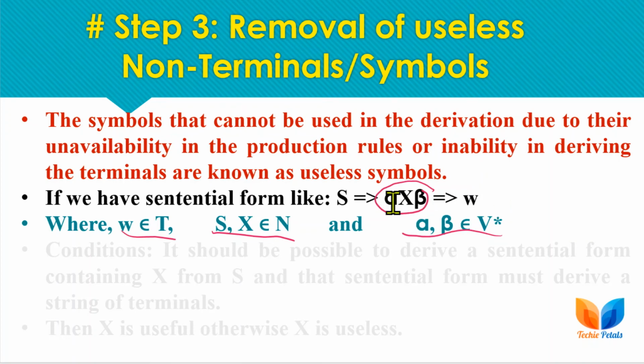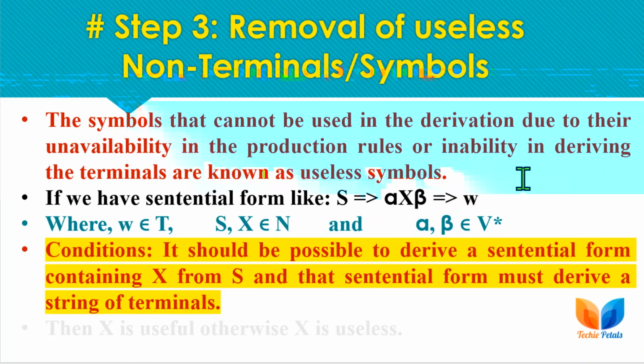But if X can appear in a sentential form and can also derive a string of terminals, W here, where W is a string of terminals, then we can declare X a useful symbol. Otherwise X will be a useless symbol: if X cannot appear in a sentential form, or if X appears in a sentential form but cannot terminate, or cannot result in a string of terminals.